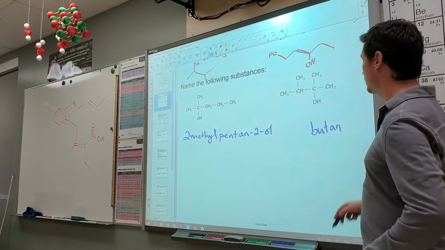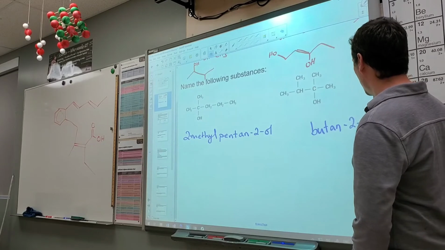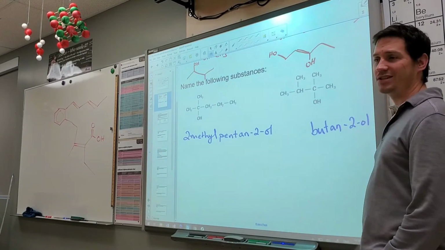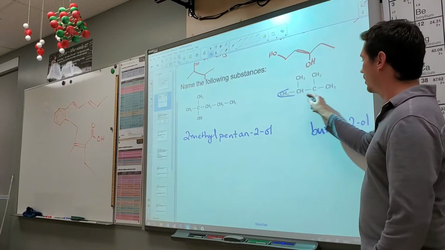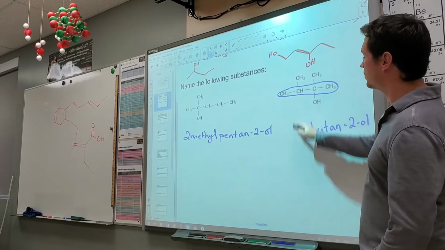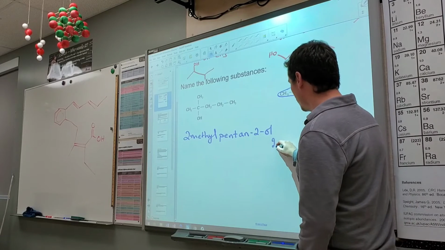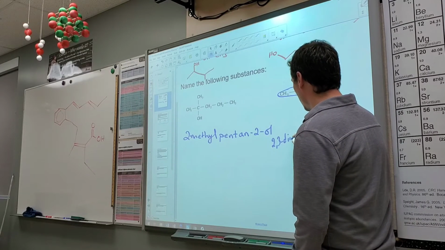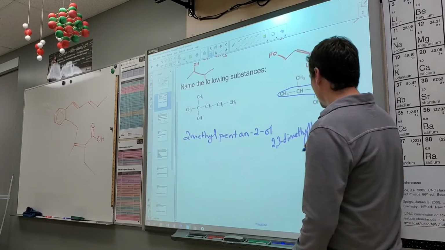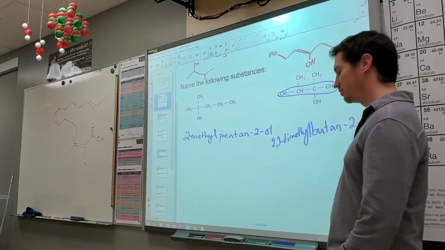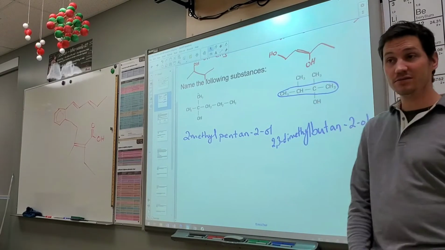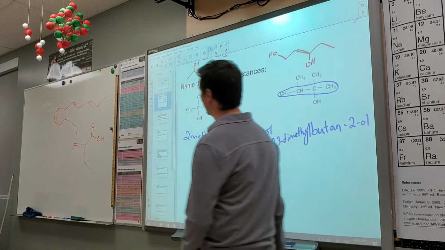So butan-2-ol, and then what kind of branches do we have on here? 2, 3 dimethyl. Yeah, that's our parent chain. So 2,3-dimethylbutan-2-ol. Good to go?